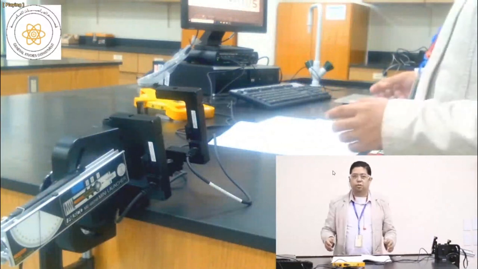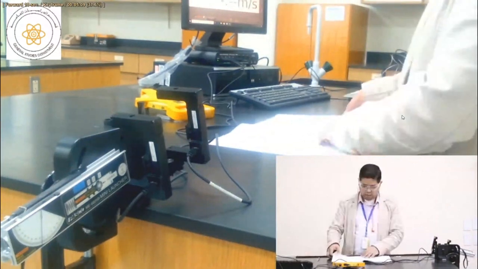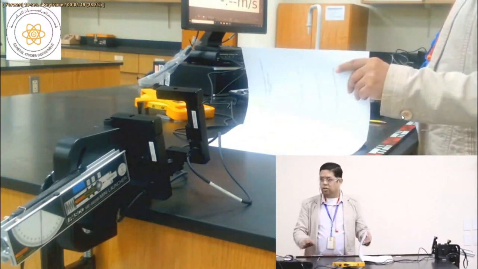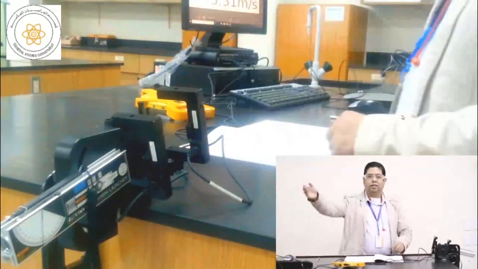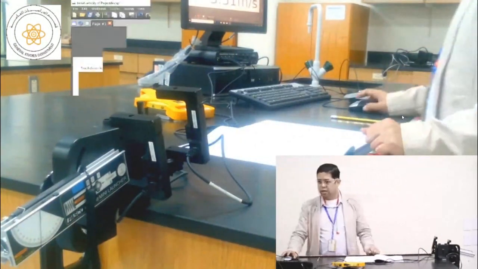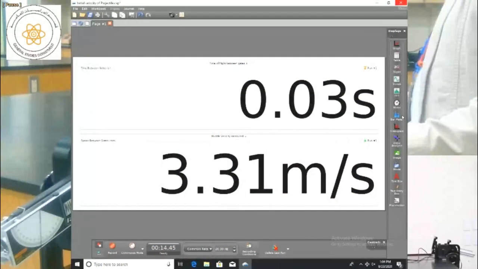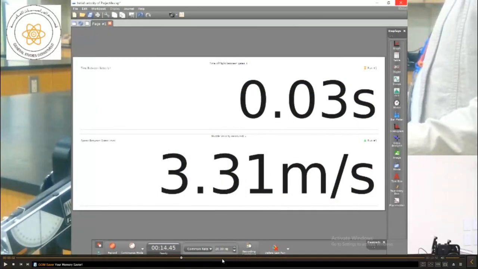In the first table, we are not going to use the time of flight. Launch the projectile by pulling the trigger and taking a reading from your computer. This is the reading that we will use: 0.03 seconds.